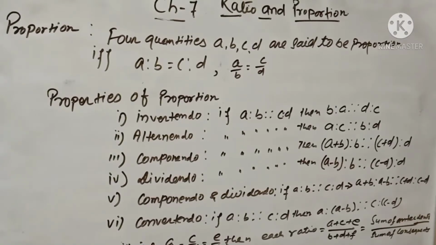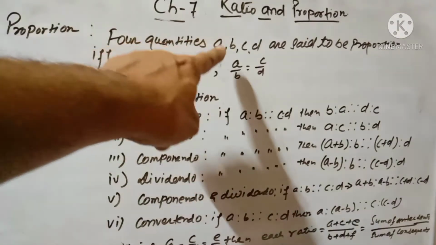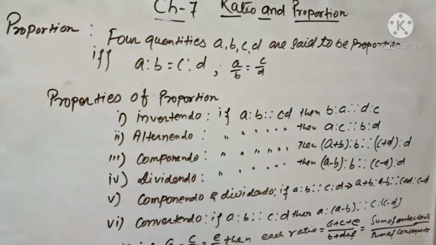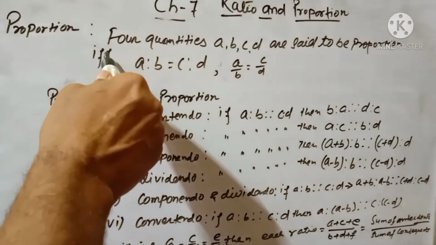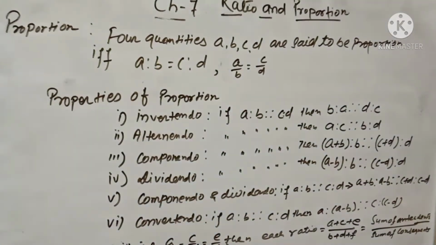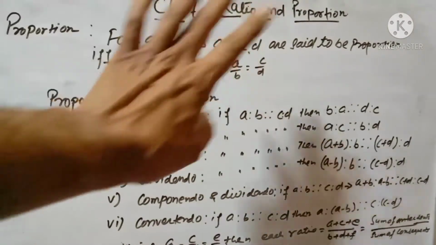As I told you, the equality of two ratios is called proportion. Four quantities a, b, c, d are said to be in proportion if and only if a ratio b is equal to c ratio d, so a by b equals c by d.